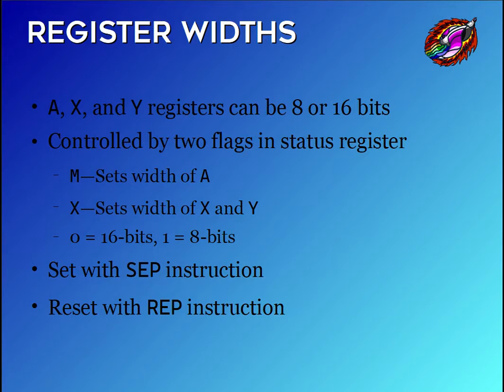Now, there are two instructions that come with the 65816 that let you set or clear flags in the status register. The SEP instruction takes an operand that indicates which flags you want to have set, and the REP instruction takes an operand of a similar type that indicates which flags you want to have cleared or reset to 0.